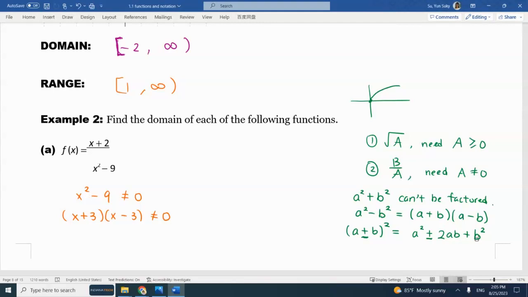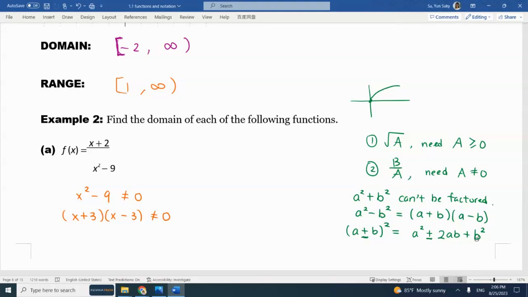Okay, everybody? When there's a 2 on the outside like that, you have to multiply it by everything on the inside, so you get a squared, plus b squared, and plus 2ab. Why do you have the 2ab? Because it's a plus b times a plus b, right?